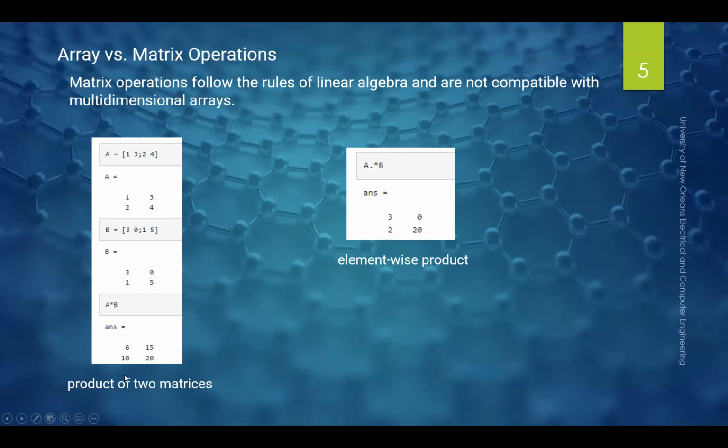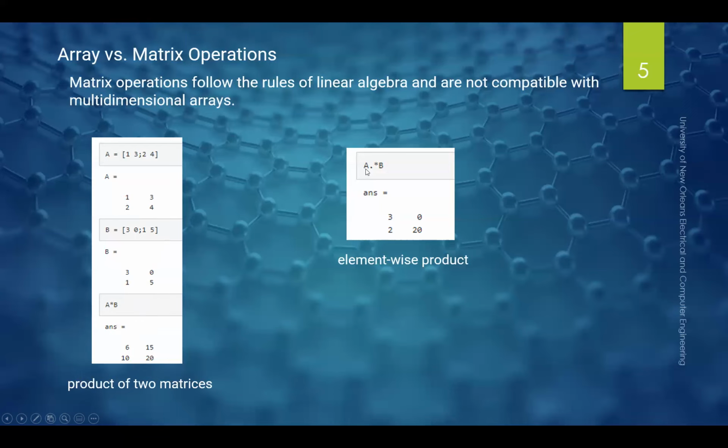So we will do the regular row by column, right? So if you do 1 times 3 and 3 times 1 gives you that 6, right? Remember, you multiply this row times this column to get that element. So this operation gives you the product of two matrices.